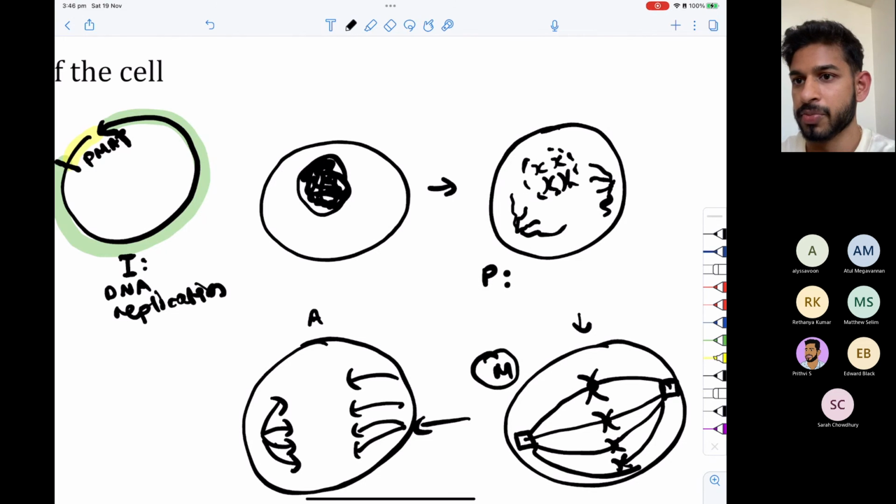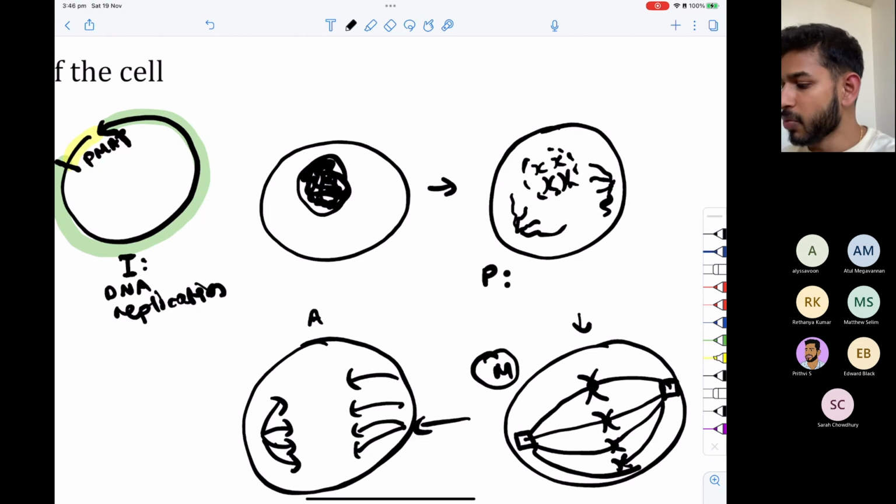You go to the middle of the room, and then when they pull too hard, your arms and legs would be ripped off your body, right? And that's literally what I visualize as the spindle fibers doing to these chromosomes. Quite graphic, but you'll never forget in anaphase, two sister chromatids rip apart from each other, and that centromere in the middle just disappears because it's made out of DNA, it just breaks down.